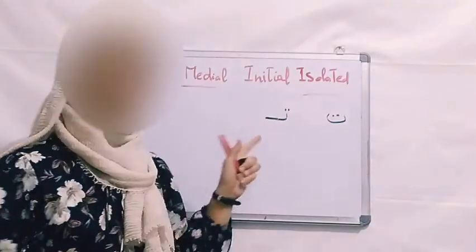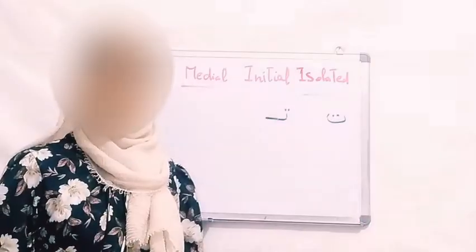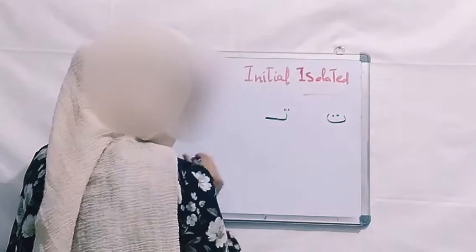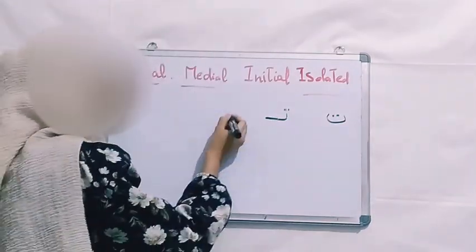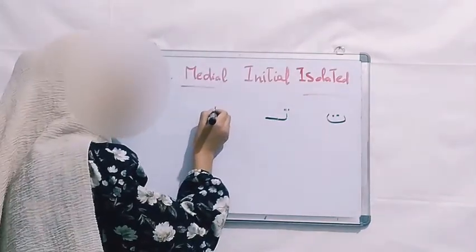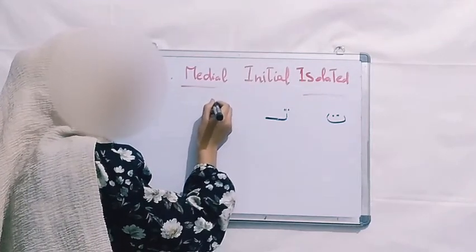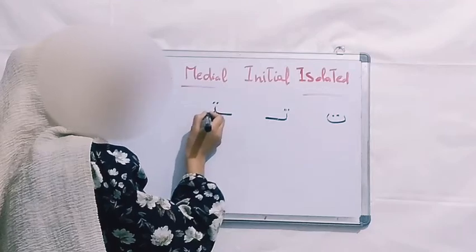Ba, ta, and tha have the same shape except for the number of dots. In the middle form, you keep the connecting line, put two dots on top of it, and keep this straight.